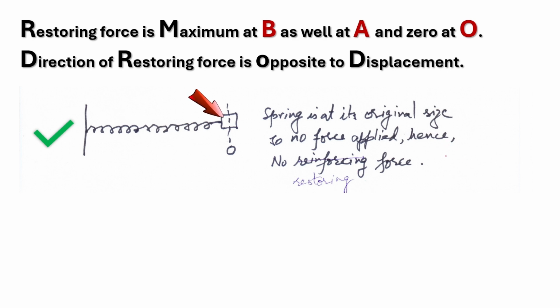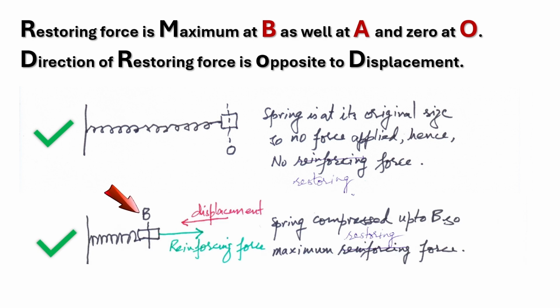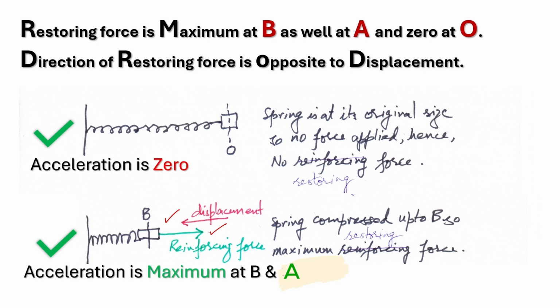However, when the spring is compressed to B, the restoring force in the spring will act towards the right because the displacement of the block is towards the left of the mean position, and the acceleration will be maximum when the restoring force is maximum, and zero when the restoring force is zero.